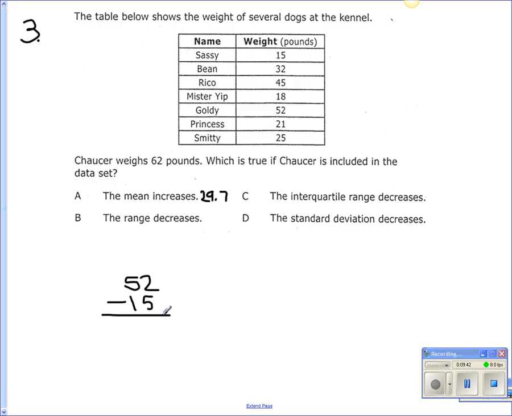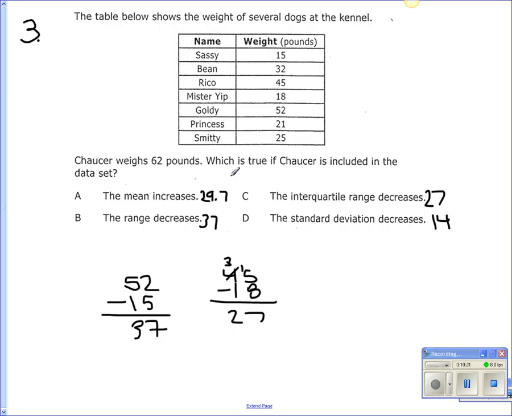When you subtract those, you get 37. The interquartile range, Q3 minus Q1, so 45 minus 18, so 27. And the standard deviation, that's your Sx, is 14.